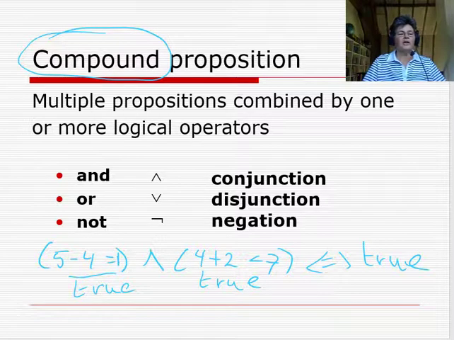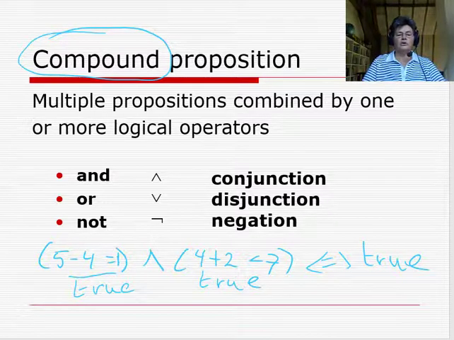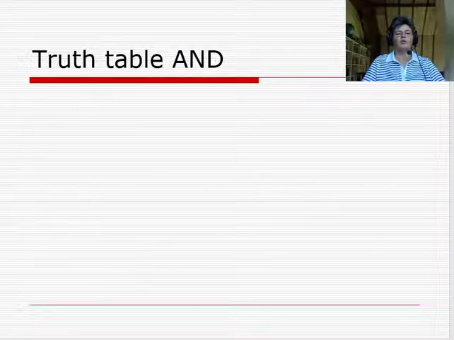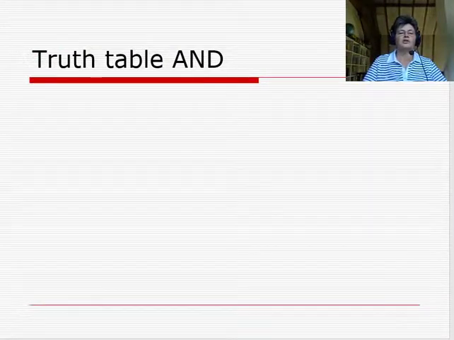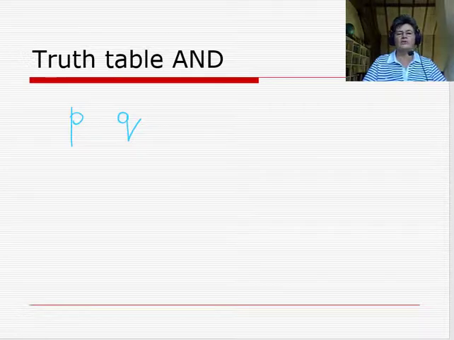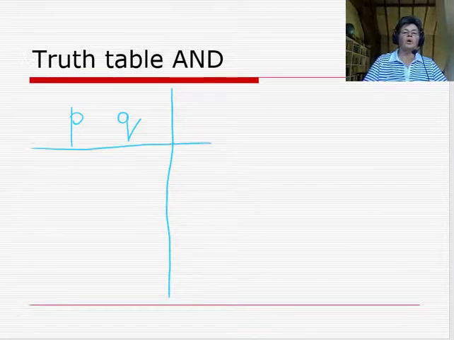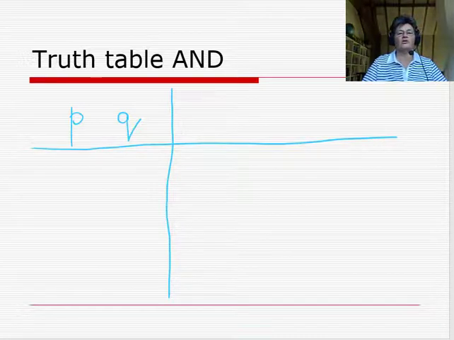To have a mathematical way of doing it, we need to look at a truth table of a compound proposition, and then we start with two simple propositions. We call them P and Q. They need to have a name, just any name. And then we look at all possible combinations of the values.